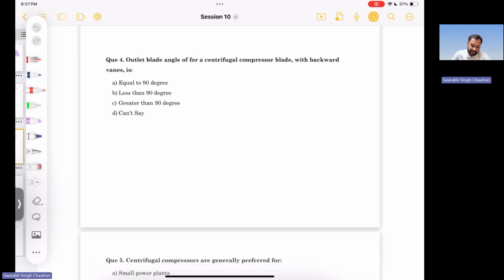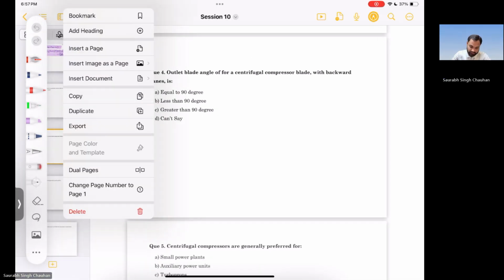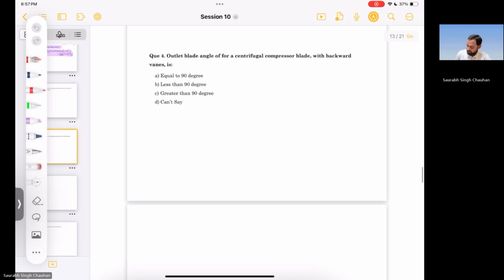For centrifugal compressors, we have discussed three types of blades. One is forward, one is backward, and another one is radial. So for radial vanes, the fluid comes out radially.